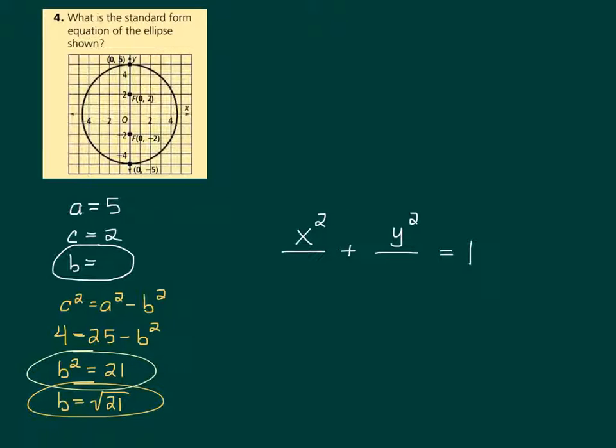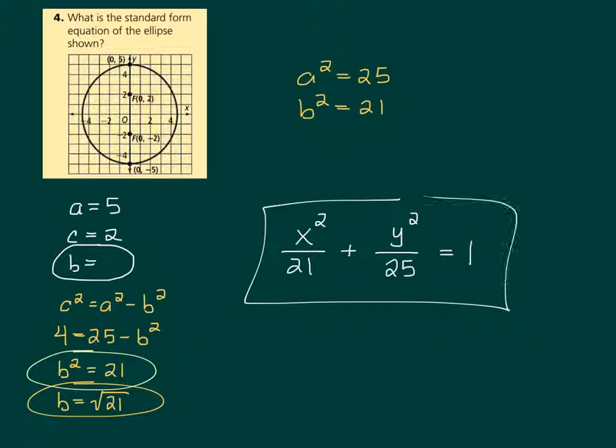I know that a squared, from what they told us, is 25. We know b squared is 21. Which one of these goes here? Since we are dealing with a vertical ellipse, it's x squared over 21 plus y squared over 25. Again, the basic idea, if it's vertical, which this one is, the denominator of y squared has to be bigger than the denominator of x squared. So this is the standard form of our equation.